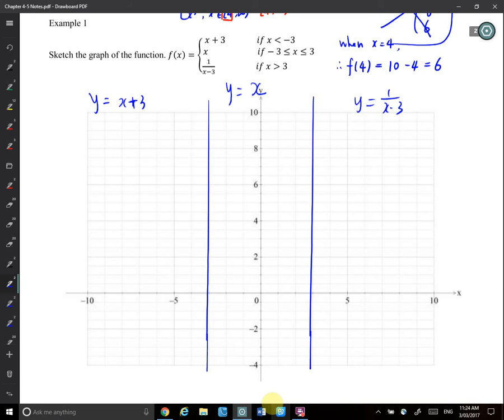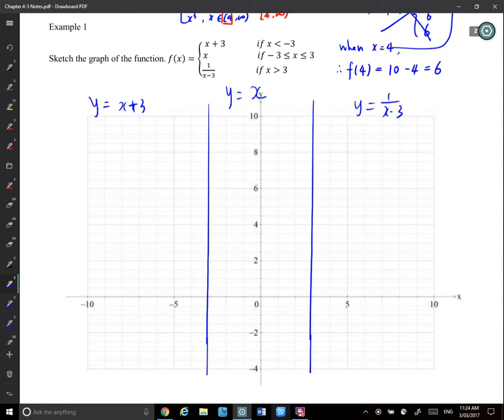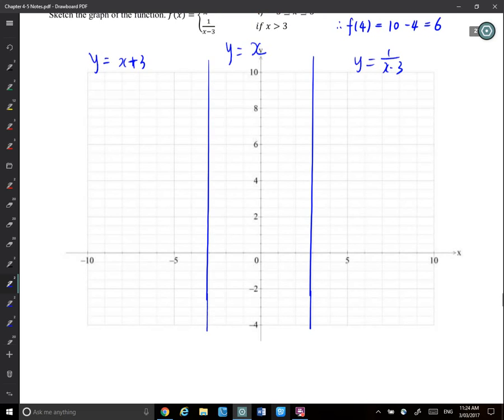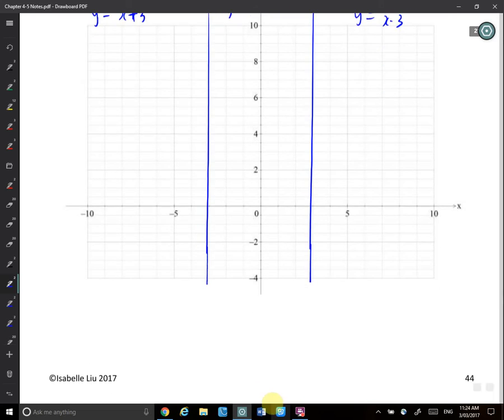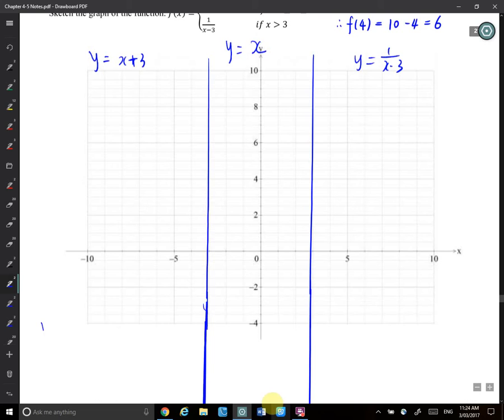For the first one, I'm going to show x plus 3, where x is smaller than -3. You need to work on endpoints. Even though we cannot take x equals -3, we still substitute it in.